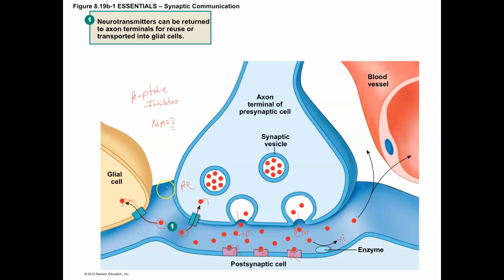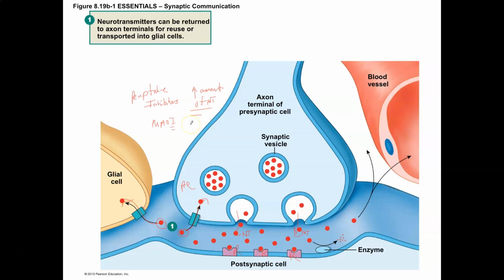So we can block the reuptake through reuptake inhibiting medications, or we can use medications like an MAOI, a monoamine oxidase inhibitor, which will stop the enzymatic degradation of the neurotransmitter. And all of that is to increase the amount of neurotransmitter available in the synaptic cleft.